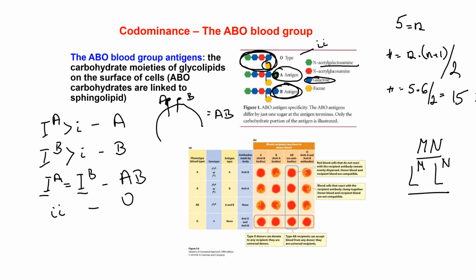So how does it work? If somebody is blood group A, this person can be genotypically either homozygous dominant or heterozygous.